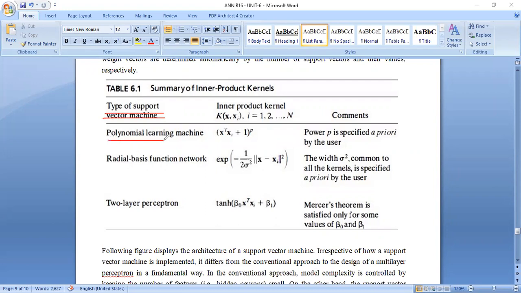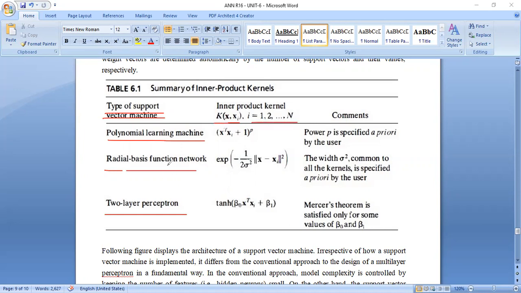One is the polynomial learning machine, the second is the radial basis function network, and the third is the two-layer perceptron. In the place of the inner product kernel, we can use any one of these functions. The inner product kernel is represented by k of x comma xi, where i is 1 to n.